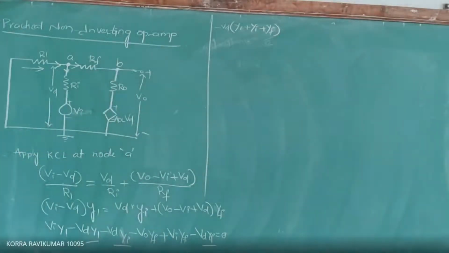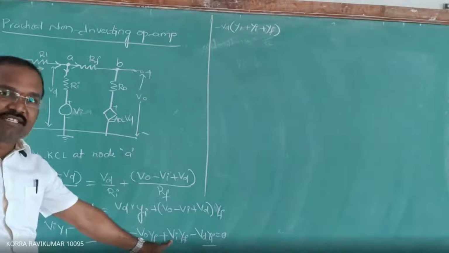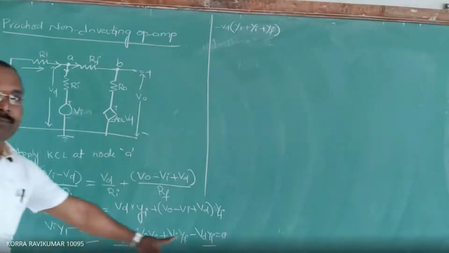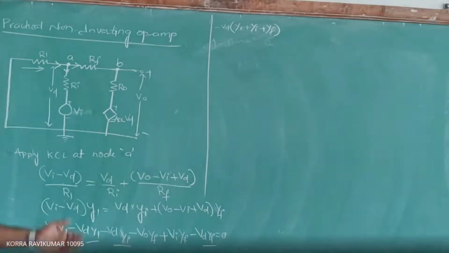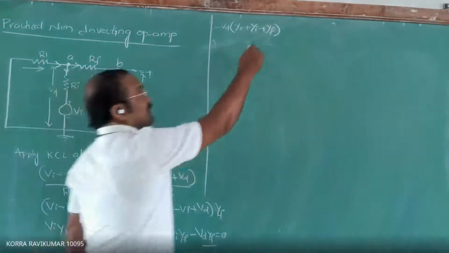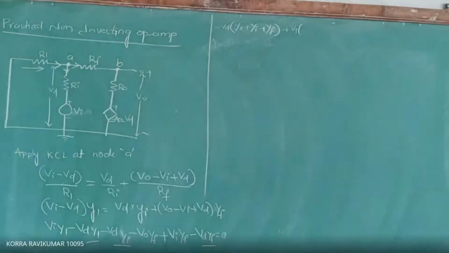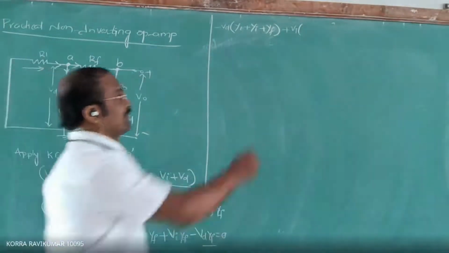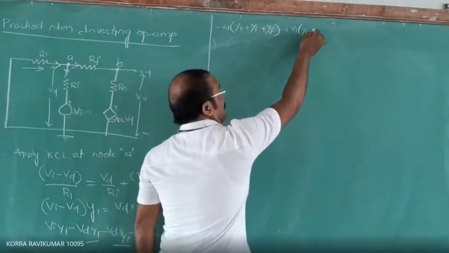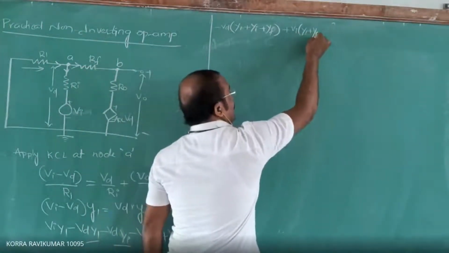Next, observe the first term. In the first term, Vi is there. In the fifth term, Vi is there. In both the first and fifth terms, Vi is there, so take Vi as common, then plus Vi of Y1 plus Yf.